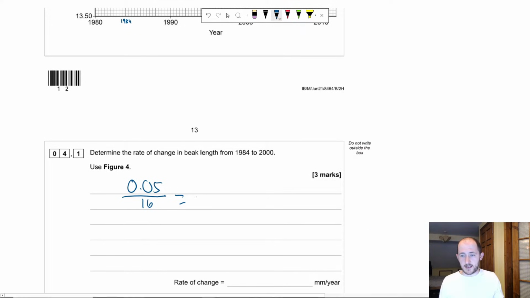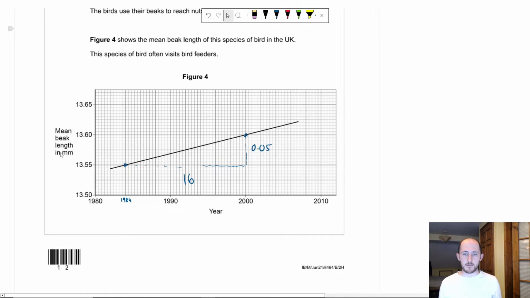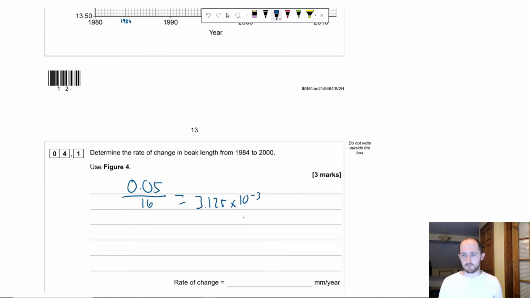We can do it as a standard form. And then we need some units. It's rate of change, so it's going to be millimeters per year. In fact, it gives it to us in the answer, so I didn't actually have to do that. Anyways, 3 marks for a gradient question. That's not bad, right? I'm hoping you're all thinking that.